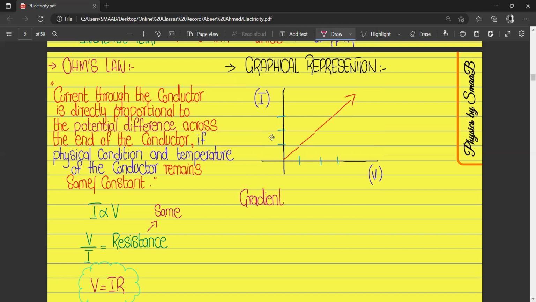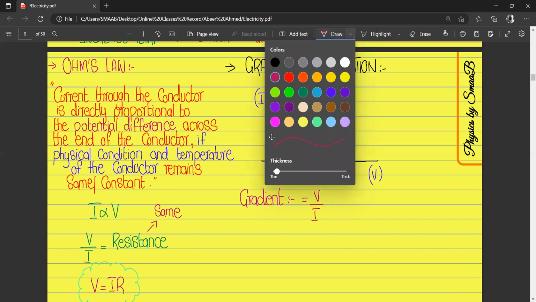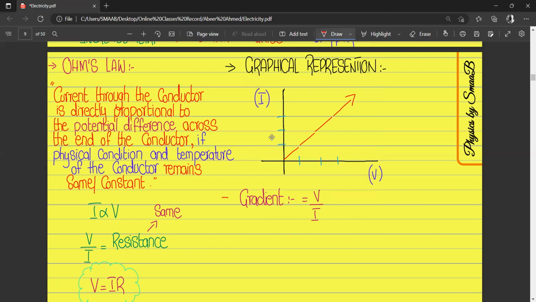So if we want to calculate the gradient from this graph, it is the ratio between V over I. So what is the value of gradient, or which quantity are you going to calculate from the gradient of the graph? कौन सी क्वांटिटी कैलकुलेट कर पाएंगे हम ग्रेडियंट से? एनी आइडिया? पोटेंशियल डिफरेंस, इलेक्ट्रिक करंट, रेजिस्टेंस, anything, potential difference?